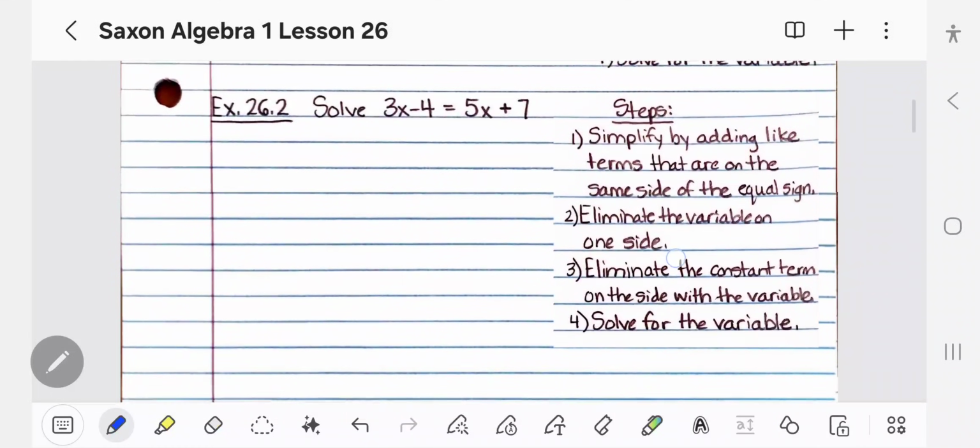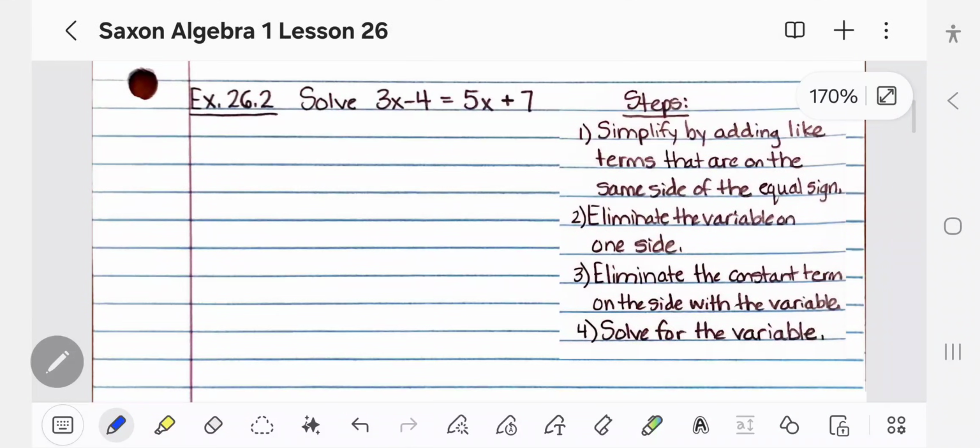Let's do one more in this video, and I copied the steps again there for us to be able to refer to. All right, simplify by adding the like terms that are on the same side. Term, term, this is the same as the last problem, right? Two terms on both sides, none of them are like terms, so this is taken care of. Eliminate the variable on one side. When we did it in example 1, we got rid of the 3x by subtracting.